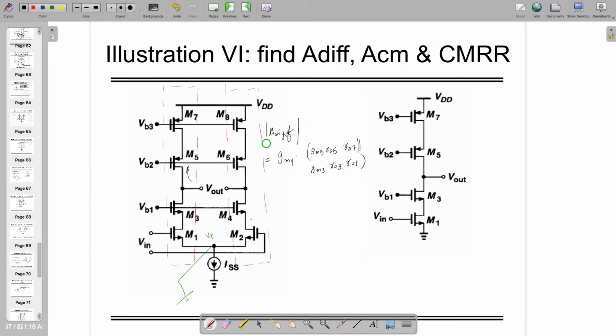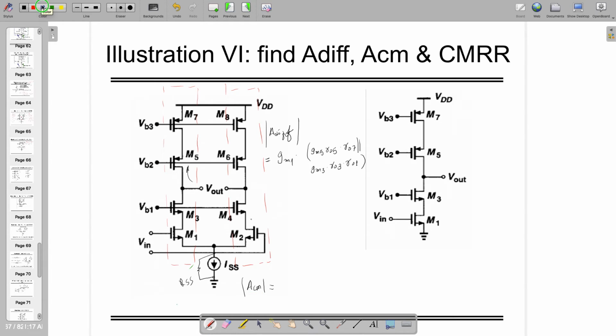For the case of common mode gain, it's similar, but the only thing is Vp is not equal to 0, and this current mirror is going to give you some resistance called RSS. While doing this, you need to find out. So common mode gain is nothing but, I can write down here so that I can write down the complete term.